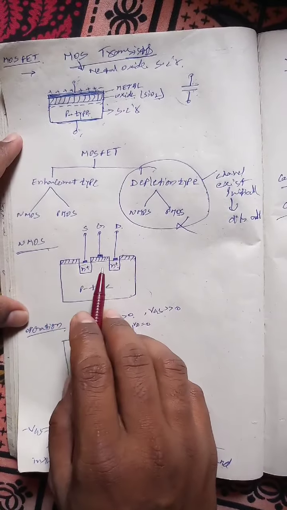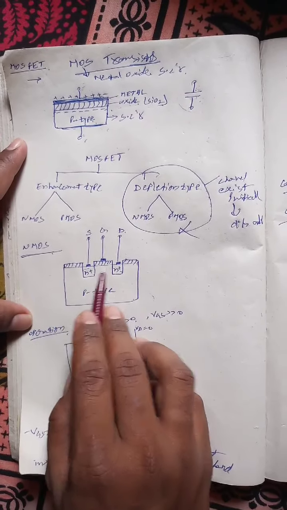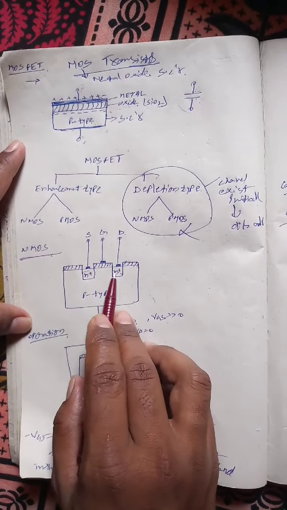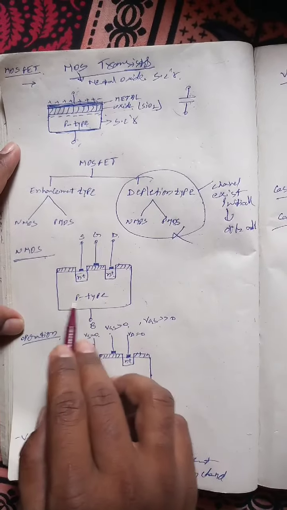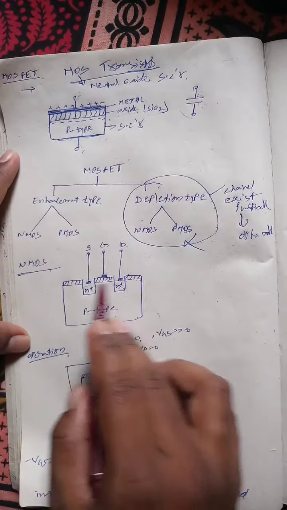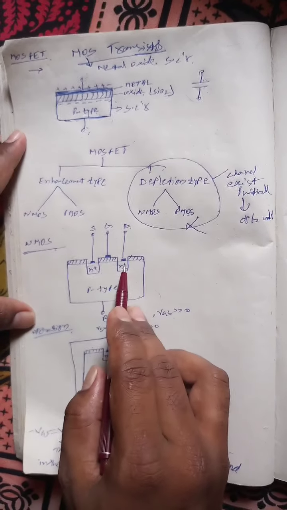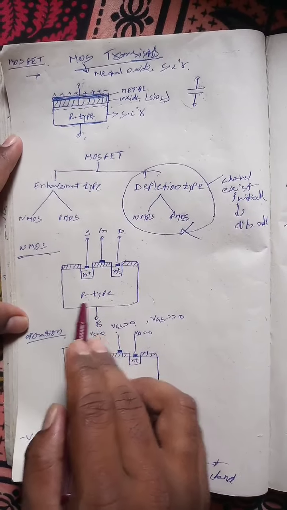Here you can see three parts in total. The two outer parts are made up of N substrate, and the remaining part is made up of P type substrate. By this we can say that this device consists of majority N impurities and minority P impurities.